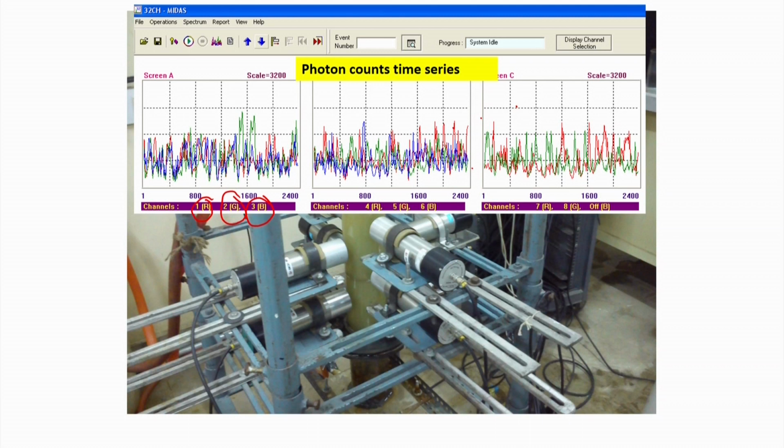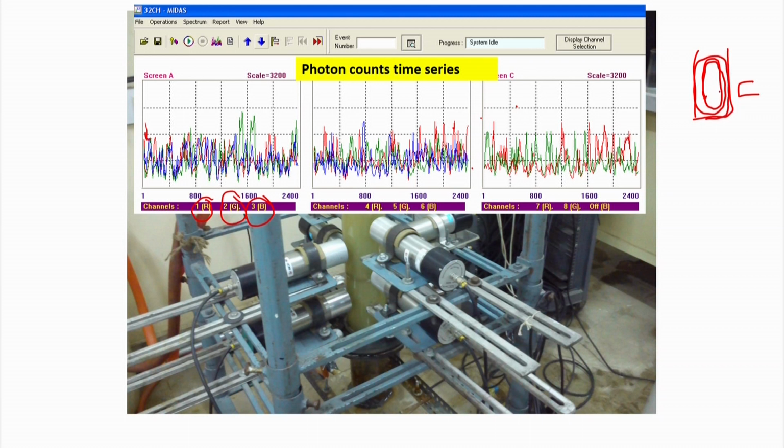photon count. Now, you can see that if I track any line, whether the red color or green color, you see how it is moving. It is increasing, then the count is reducing, then again increasing, then reducing, then increasing. It means the tracer particle is circulating inside the system. Suppose this is the system, this is the detector. Because in the liquid-solid fluidized bed the solids are in batch, the tracer particle will keep on recirculating inside.